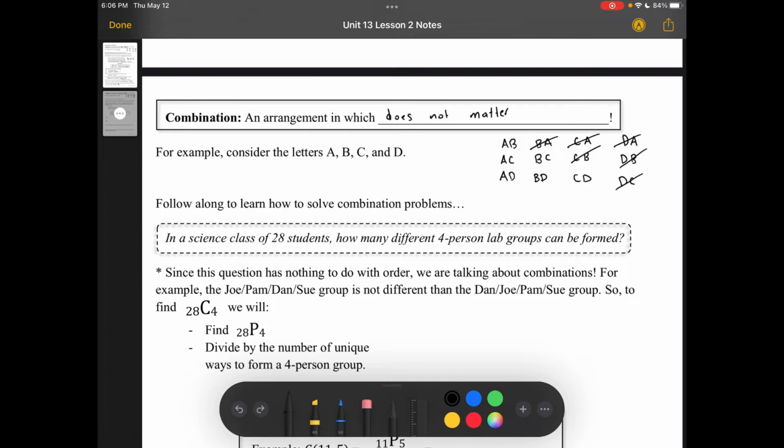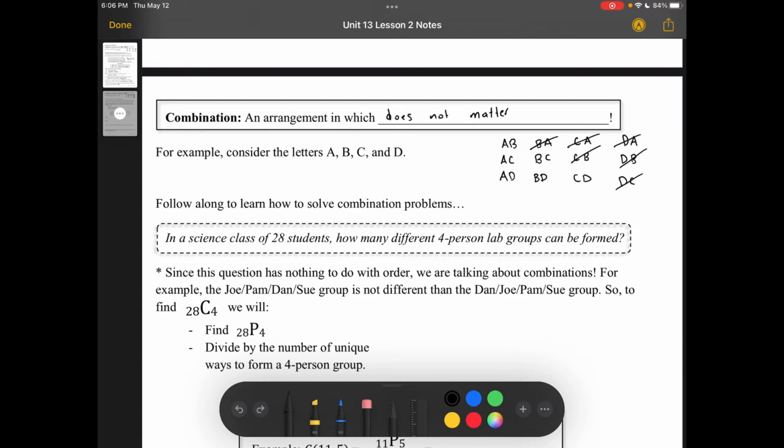We have an example here: in a science class of 28 students, how many different 4-person lab groups can be formed? In a lab group, let's just assume no one has a specific job. Everyone is just co-equal lab partners. It doesn't matter what order they're put in. Joe, Pam, Dan, and Sue is the same group as Dan, Joe, Pam, and Sue.